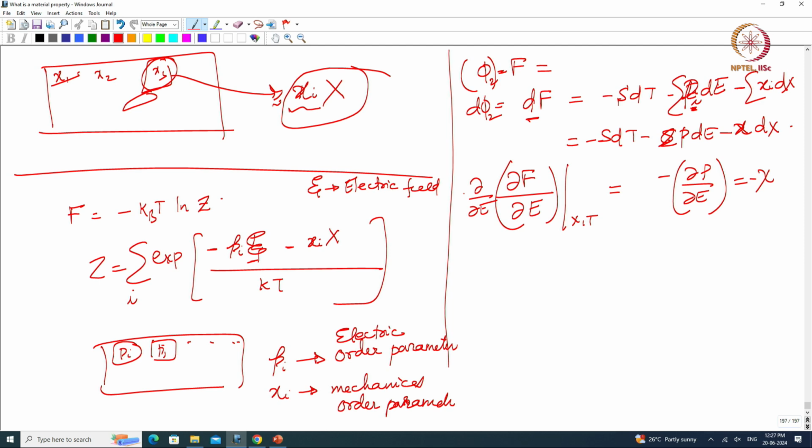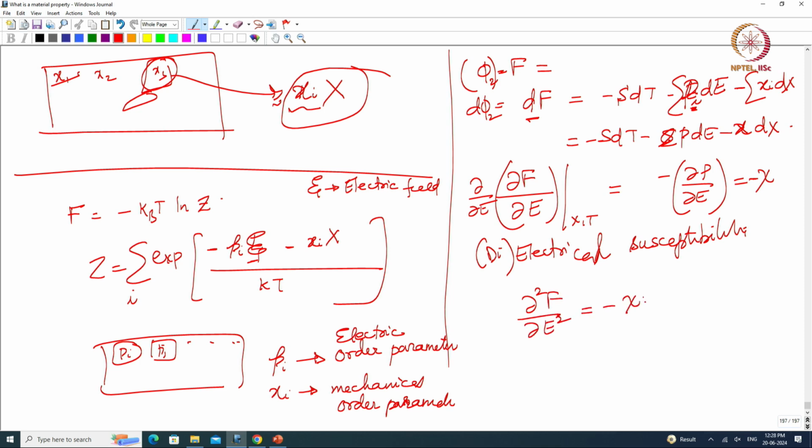This is the electrical or dielectric susceptibility. We have seen earlier the dielectric susceptibility as a double derivative of a free energy. So now I have dou square f by dou E square as my susceptibility.